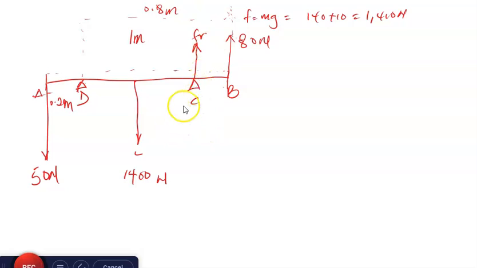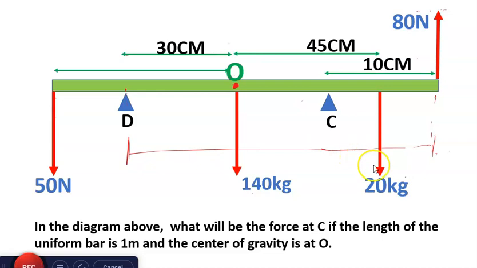Now let's calculate the distance for our force FR. Our force FR is acting directly on top of C, and from C to B we have 10 centimeters. From D to A, we have 20 centimeters.